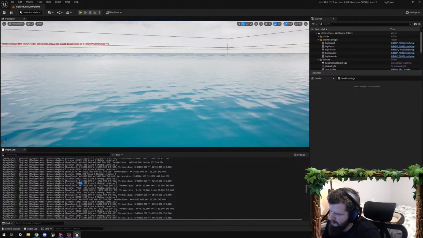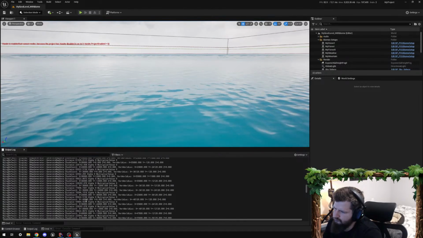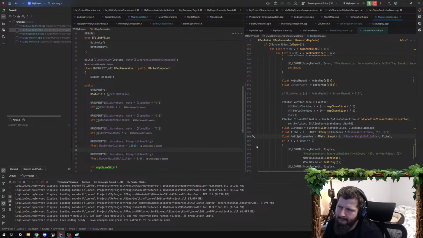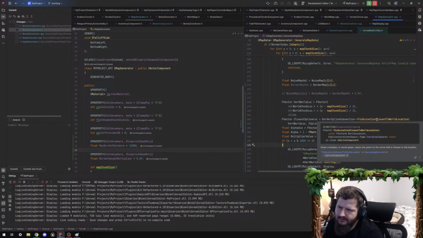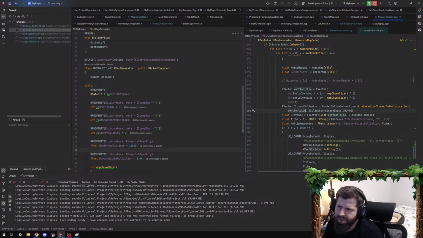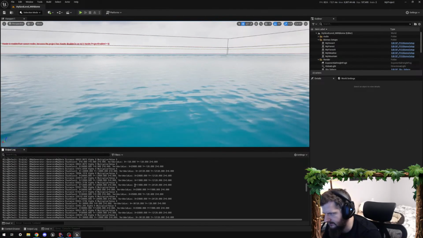Find closest. Find location. Return the points on the curve that is closest to that location. And the vert world location does actually seem to be quite correct.